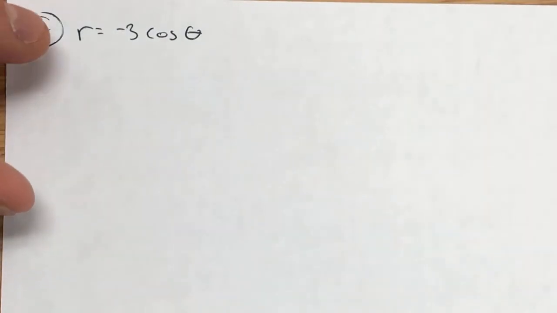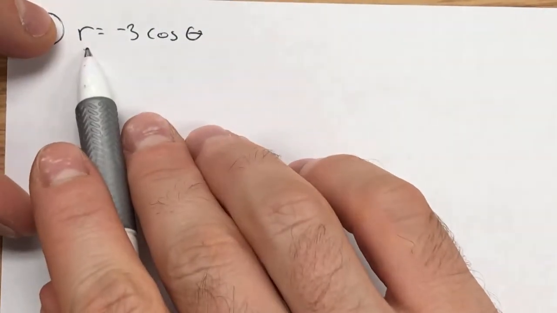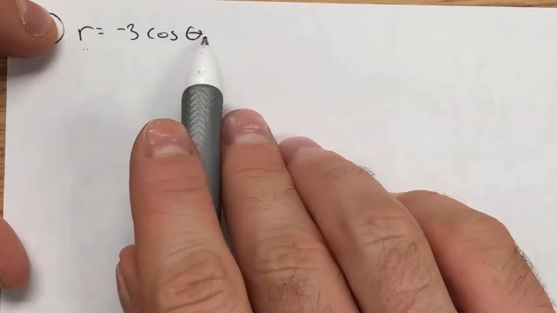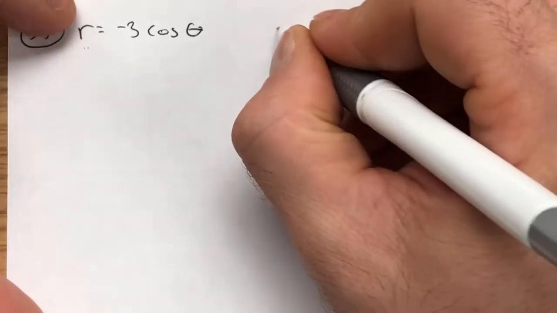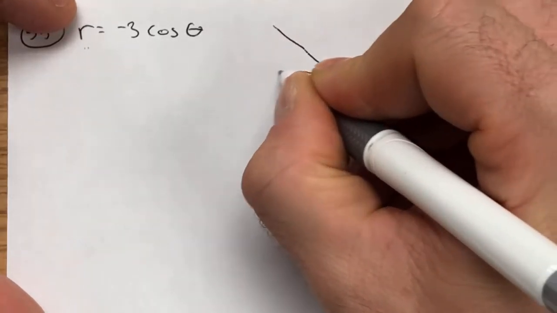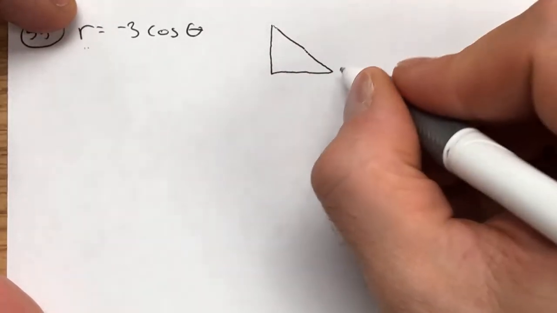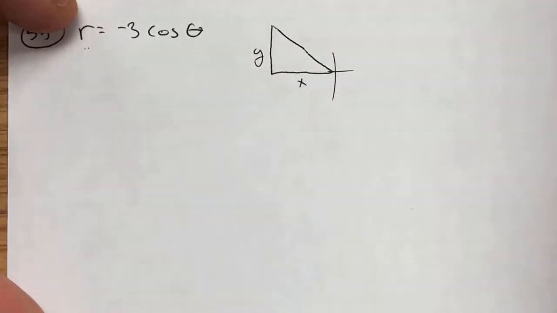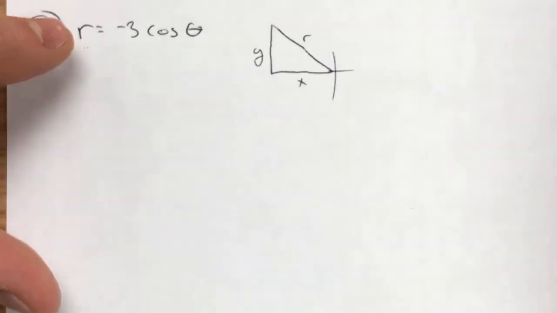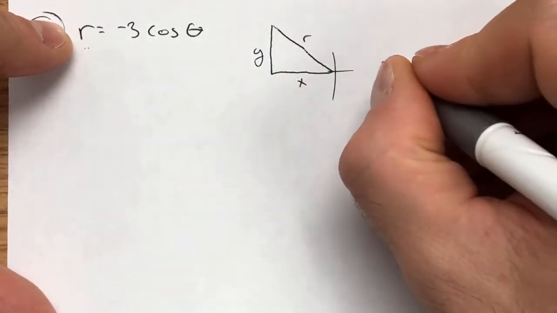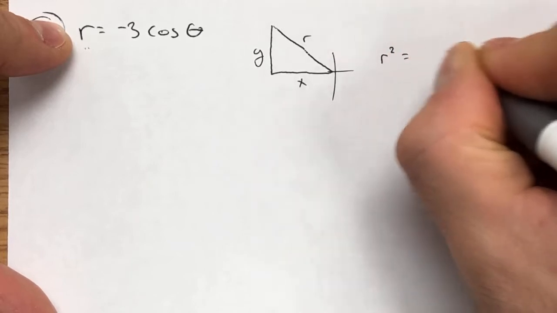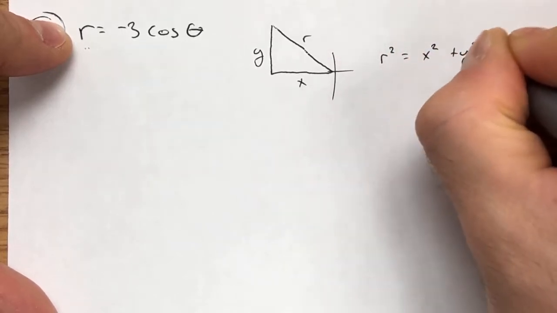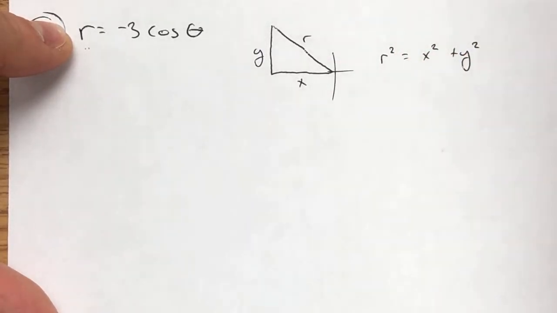So we remember the fact that converting a polar equation, which deals with distance and theta, into a rectangular equation deals mostly with the r has to be converted into, we know that any set of coordinates was some sort of x value and y value, which gave us a radial distance. And we can convert any of these as r squared is x squared plus y squared due to the Pythagorean theorem.